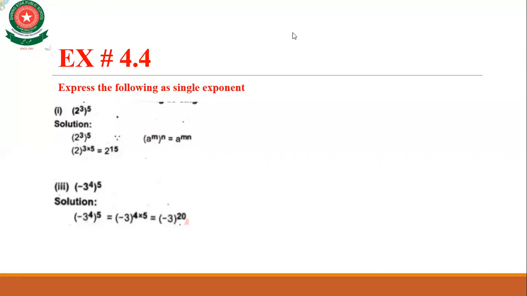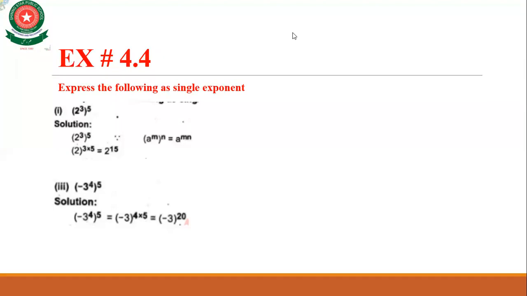As we discussed, (2^3)^m is equal to 2^(3 into m). It means that we have to multiply both powers, m cross n. So here m denotes 3 and n denotes 5.